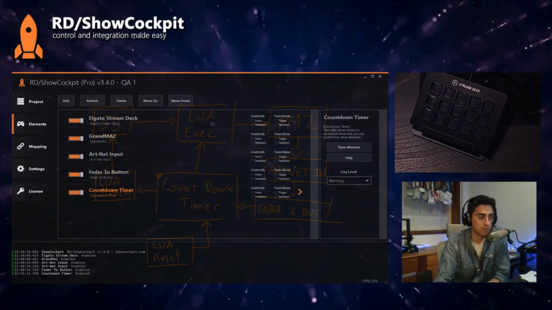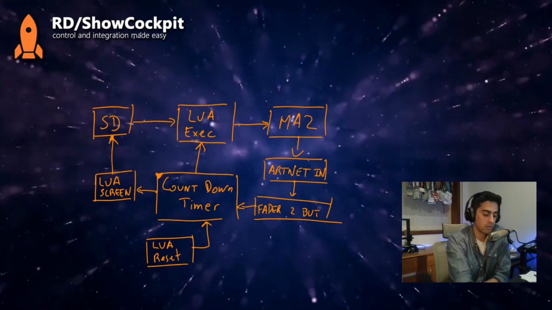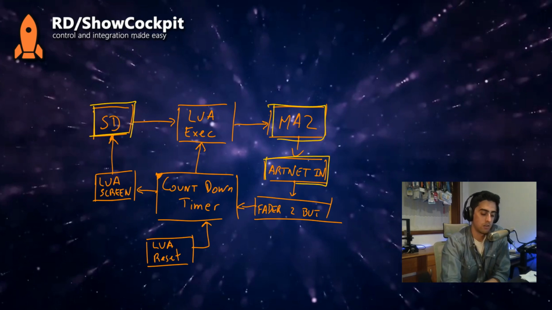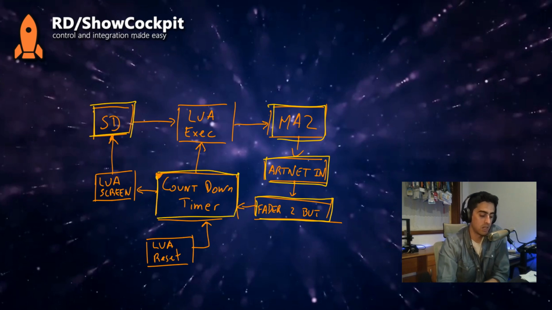The rest, if we come back to our sketch, we already have these elements: StreamDeck, MA2, ArtNet in, fader to button, countdown timer, and the remaining will be the Lua. It's the most exciting part.